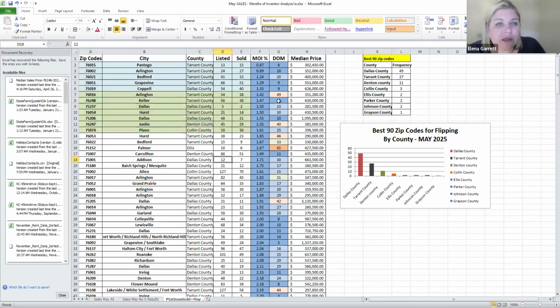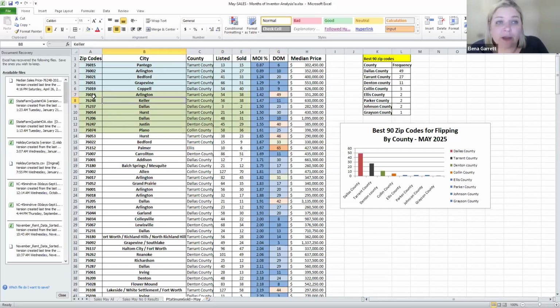But now watch the inventory, watch the days on market, because in some of them, as you can see, for example, in this Arlington one, even though we have 39 closings with 54 homes available for sale, days on market are over a month and a half.